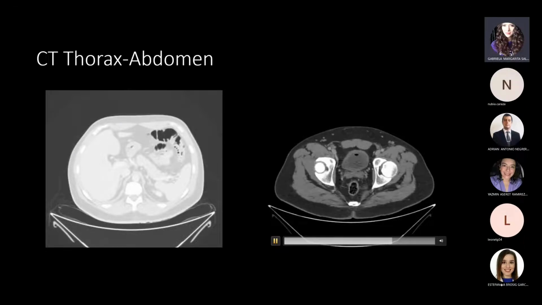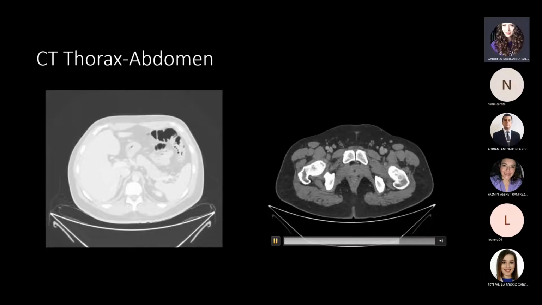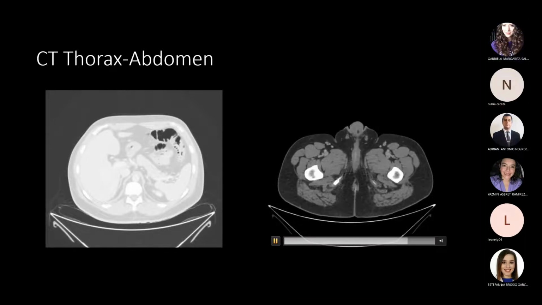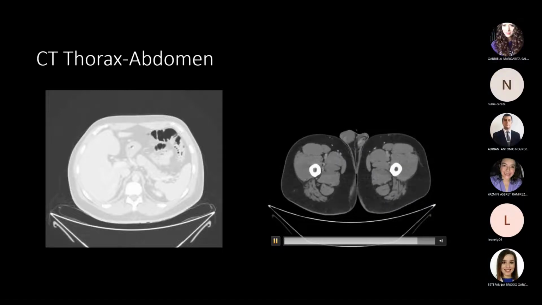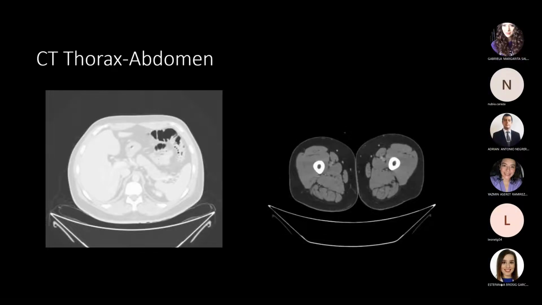Another finding is in the right testis. We can see a mass in the right testis, an oval image with partially defined borders, with enhancement with the contrast, and that was suggestive of a neoplastic process.